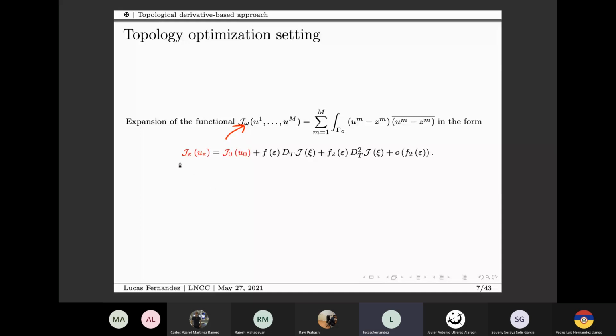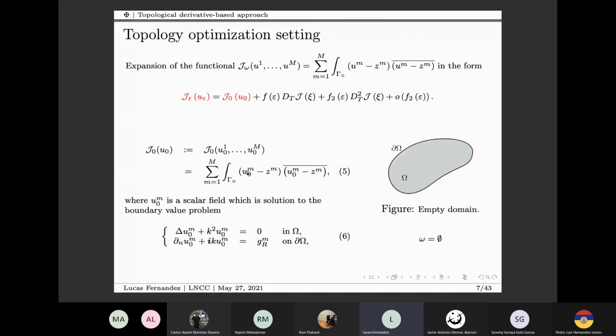So we first define these two functionals, j epsilon and jo. We define the shape functional jo as given in 5, and it depends on the scalar field uo, which is the solution to the boundary value problem 6. Note that the parameter k here is fixed, because we have chosen the empty set as an initial guess for the set small omega.